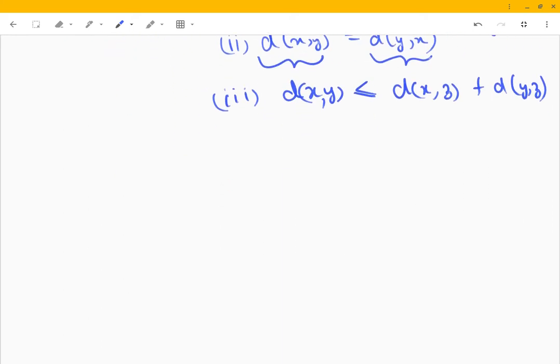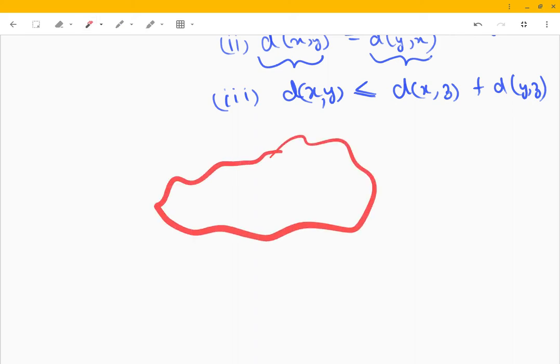Let's say this is our set, which we'll call a metric space, and let's mark the points. Let's say this is x, this is y, and this is z. Now what they're saying is that this should be less than or equal to the sum of these.